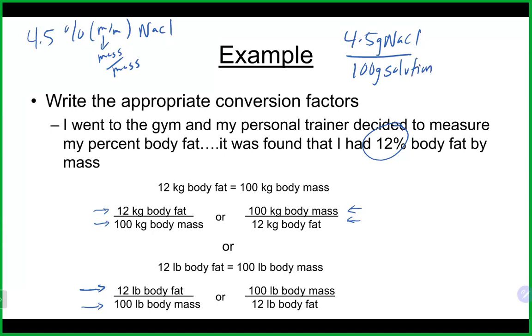So that's again just an easy way to convert that into a usable conversion factor. You could also flip it around and do 100 grams of solution over 4.5 grams of sodium chloride, and you can use it either way. So again, assuming 100 is a really good way to turn something into a usable conversion factor.